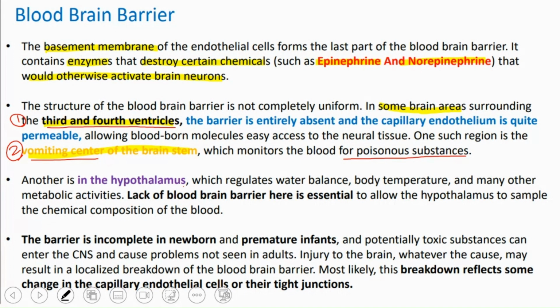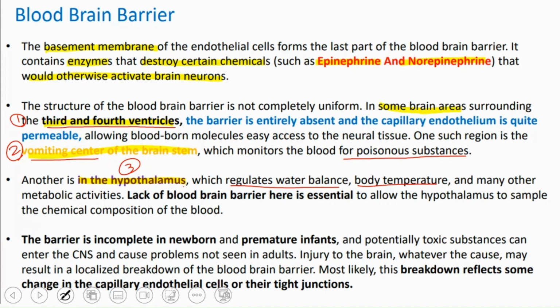Okay? This is important. Again, the last one is the hypothalamus. The hypothalamus also lacks blood-brain barrier. Why? Because the hypothalamus plays a very important role in the regulation of the metabolic activities of our body, like regulation of water balance, the body temperature.